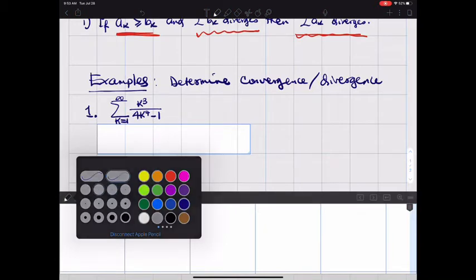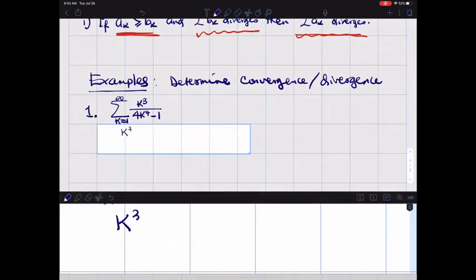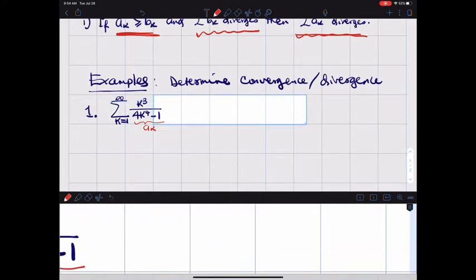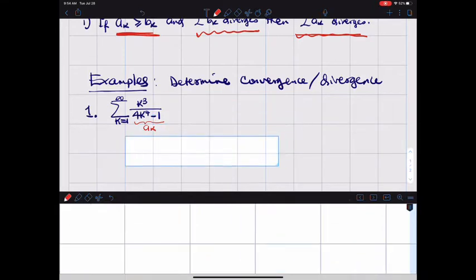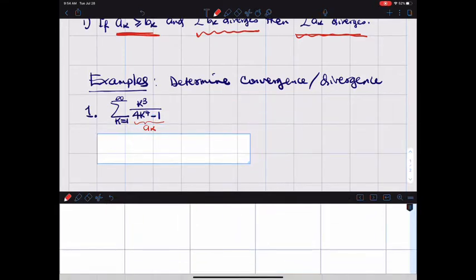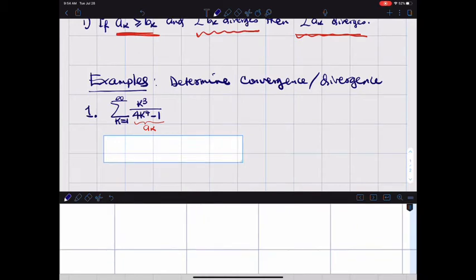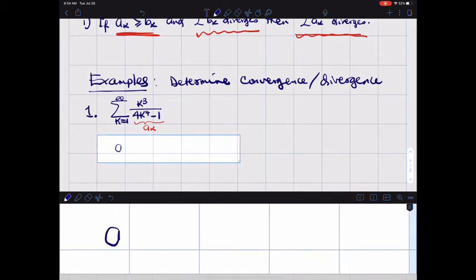Call this your a_k. So my a_k is equal to k cubed over 4k to the power of 4 minus 1.